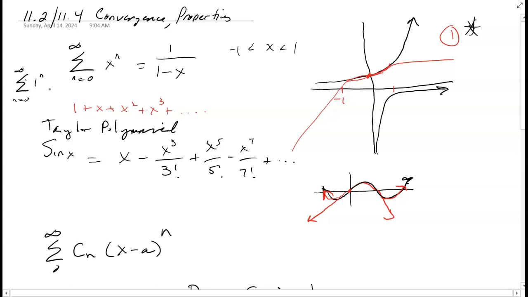If you plug in -1, that's diverging too. Since it's diverging at the endpoints, we say the interval of convergence is parenthesis -1 to 1 parenthesis. My radius of convergence, well, the middle point is 0, or you just do 1 minus -1 is 2. 2 divided by 2 is 1. The radius of convergence is 1. It's half the distance between them.